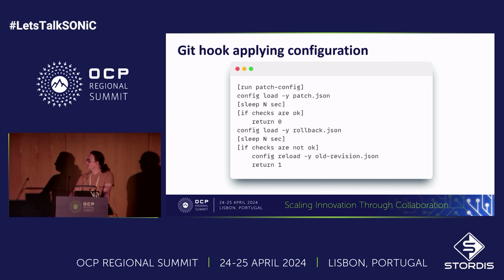We have very simple logic: when you push something to the switch, then the patch config runs, and you get two patches. First, you apply the patch with changes. You sleep, for example, 60 seconds to see if everything is okay. We check if the number of BGP neighbors dropped, if the status of SONiC is healthy.